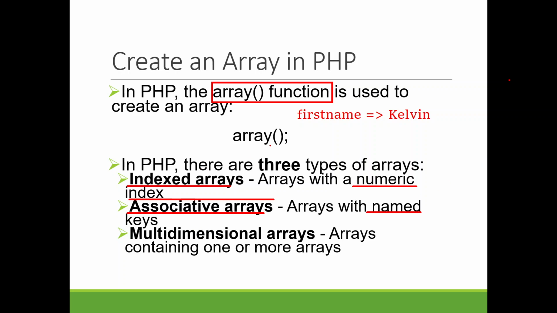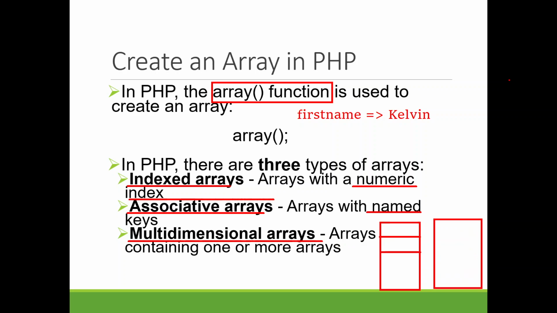And lastly, the last type is what we call the multi-dimensional array. So with multi-dimensional array, unlike a one-dimensional array, which is like this, it has one column, a multi-dimensional array can have two columns.